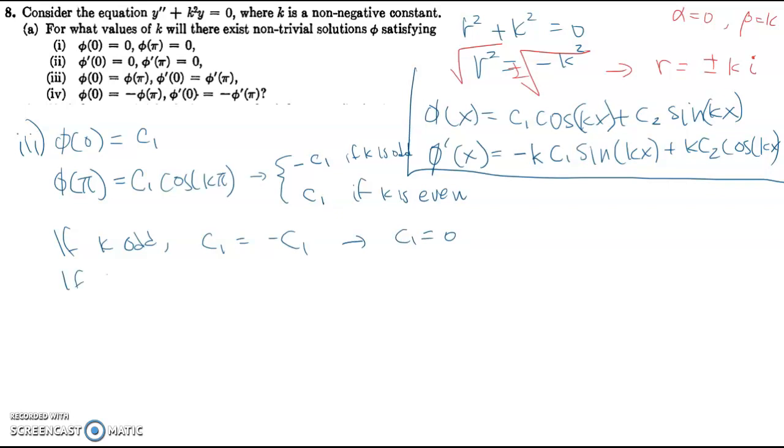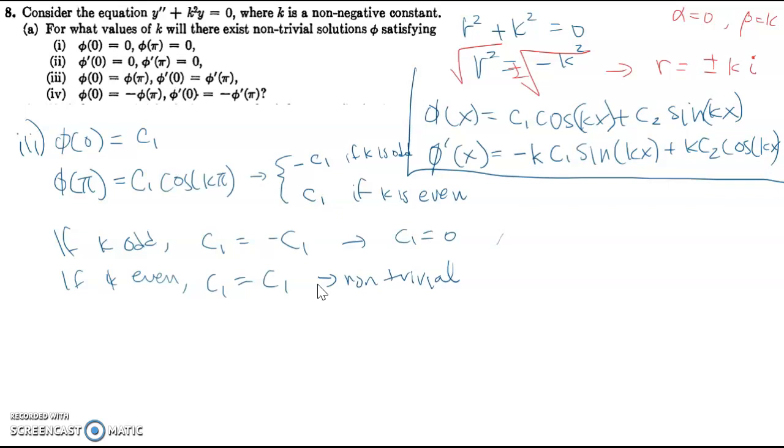If k is even, then we have c1 equals c1. This can be anything. If c1 is 1, then 1 equals 1. If c1 is 5, 5 equals 5. So this is going to give us the non-trivial solution, while the other is just a trivial solution, but we've only talked about c1.